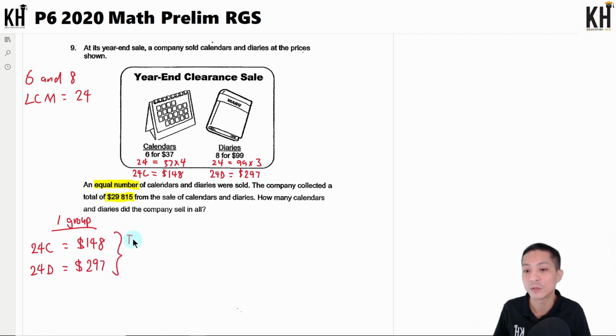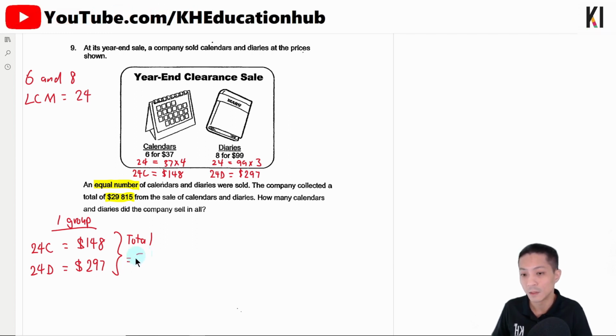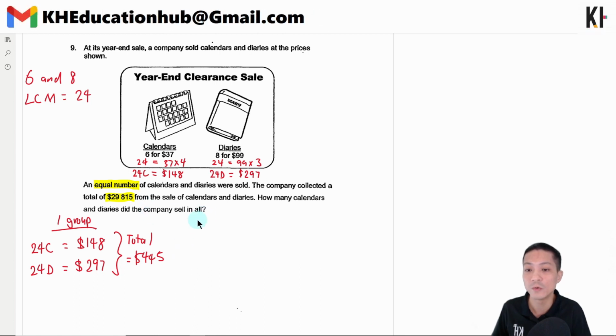Okay, their total is equal to 445. So we're going to treat one group as 445. So you got to now ask yourself, how many groups do you need in order to reach the 29,815?